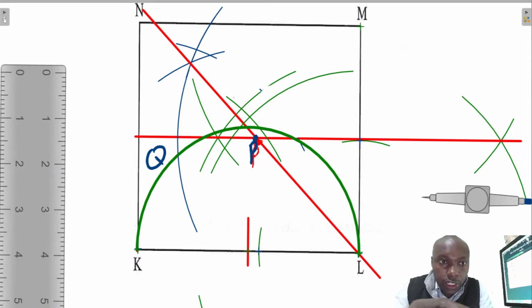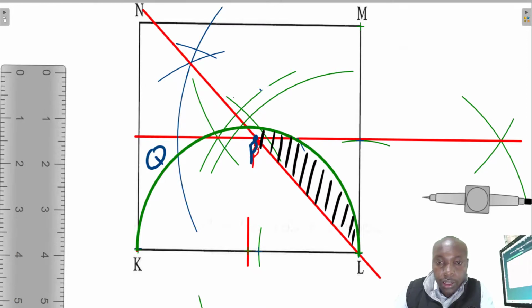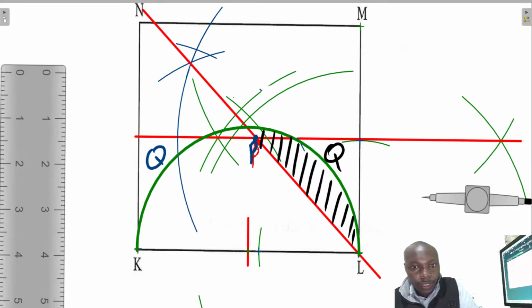So the region that we require is this region that is here. It is bounded by the locus of Q and the angle bisector. So that is how you obtain it.